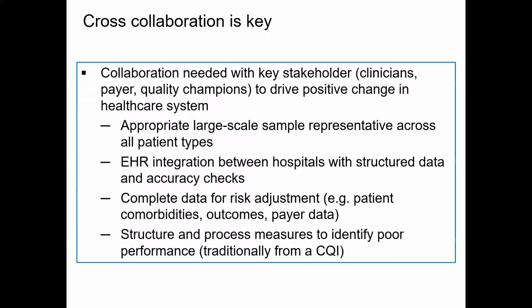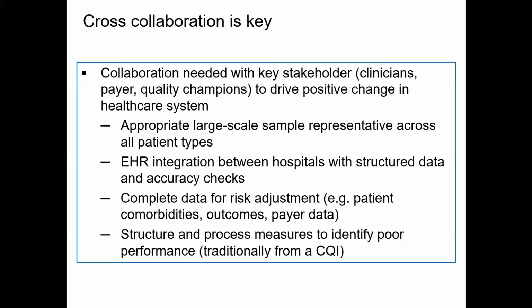To achieve positive results with modeling, collaboration across key stakeholders is needed. These key stakeholders would be clinicians, payors, and quality champions to help drive positive changes to the healthcare system. This includes appropriate large-scale representation across all different patient types.